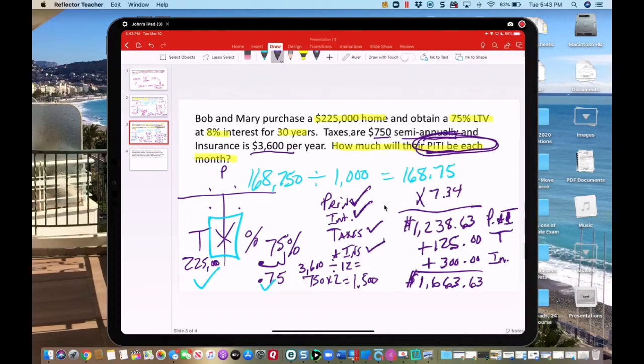A couple of key things that I put in this problem to try to trip you up. Semi-annually. That's why we took $750 times 2. Semi-annually means you pay $750 two times during the year. Okay, semi-annually, $750 times 2 is $1,500.